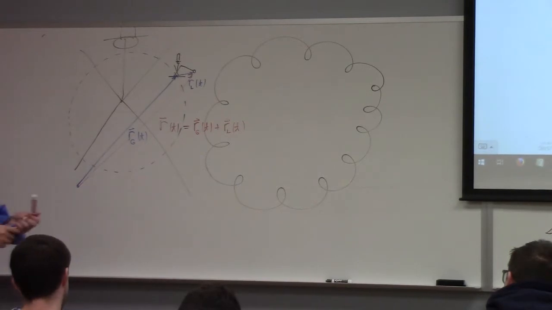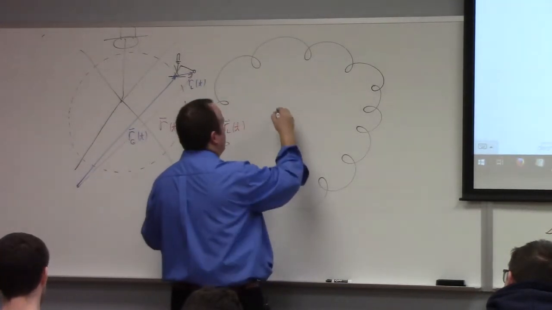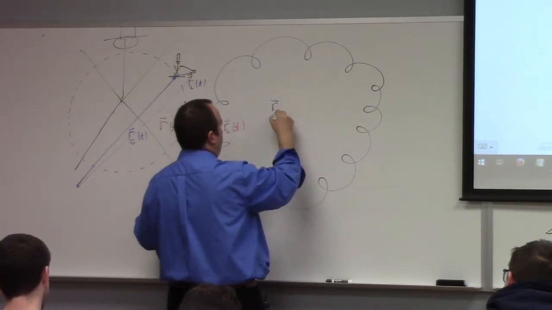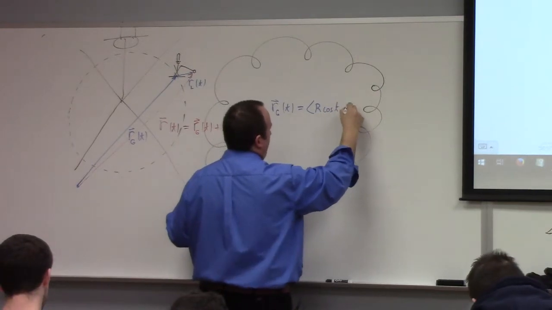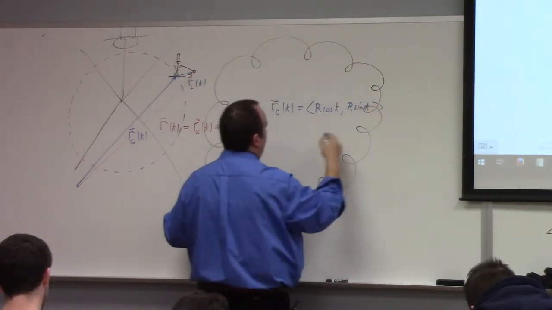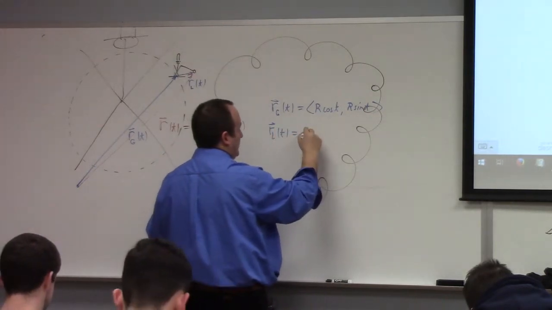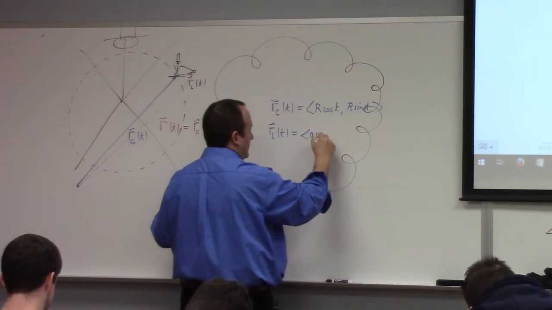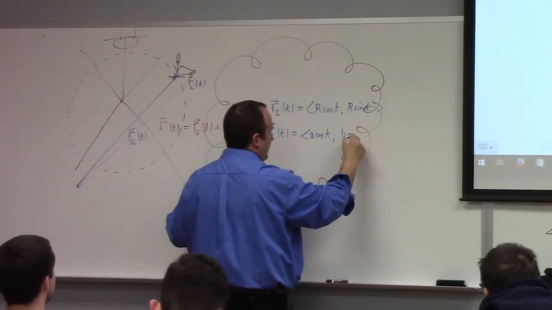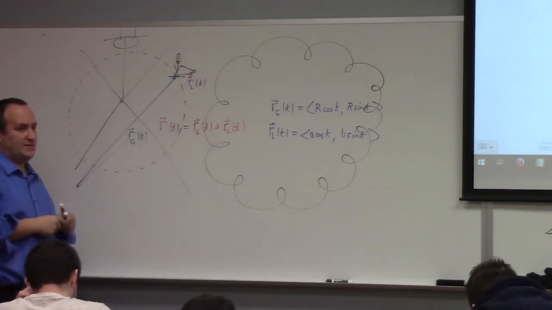So let me be more specific here. Suppose that, as advertised, we have a circle. So say r cosine t, r sine t, yeah? And the position for the little dude is also a circle. Let's say little a cosine t, little b sine t. I can add those two things together.